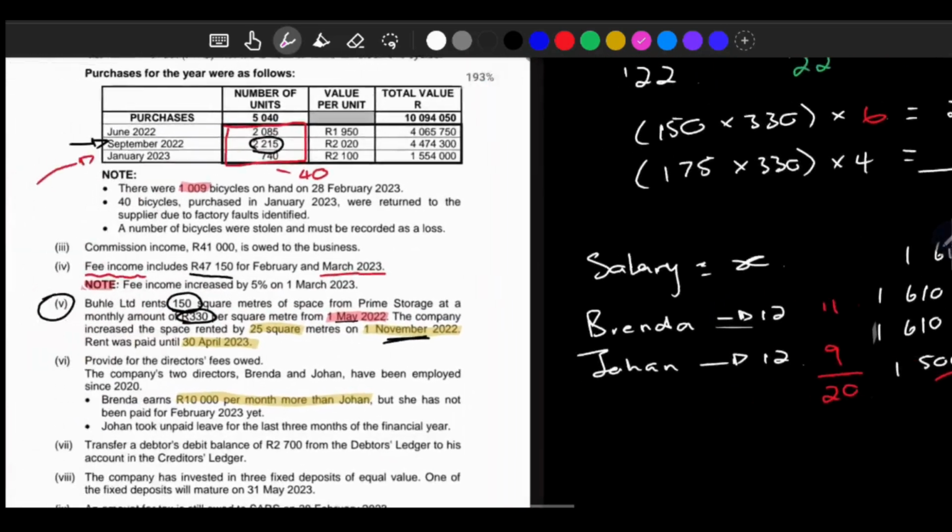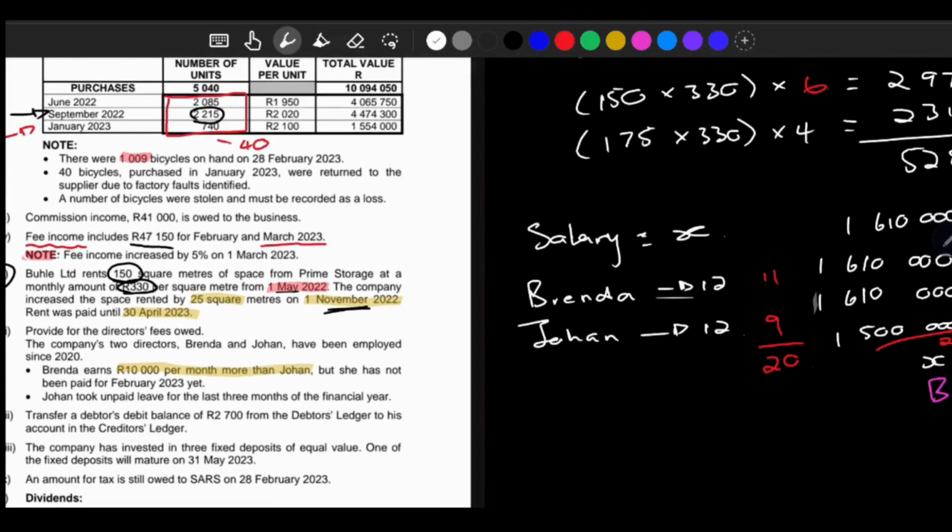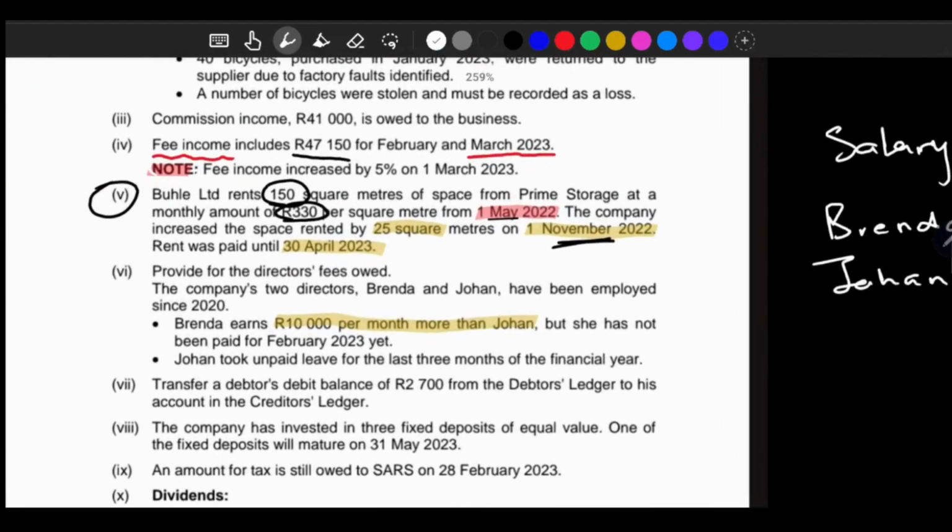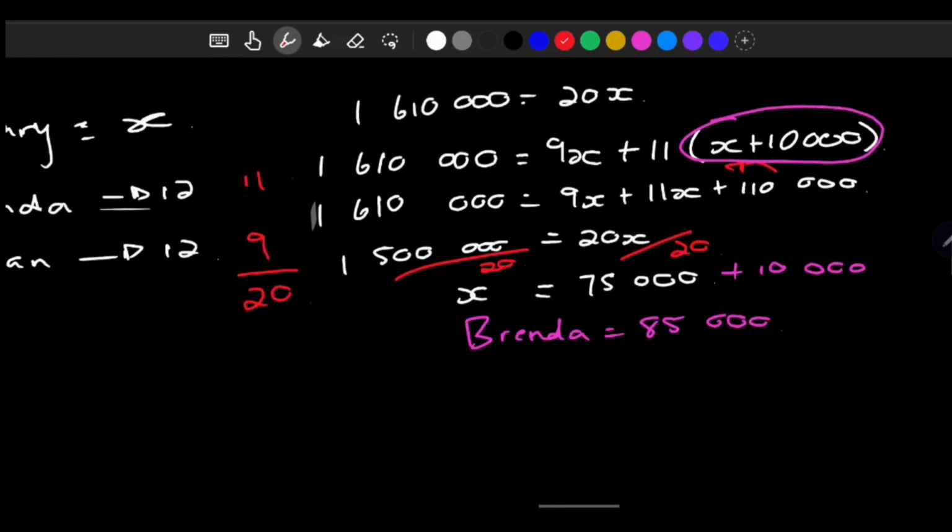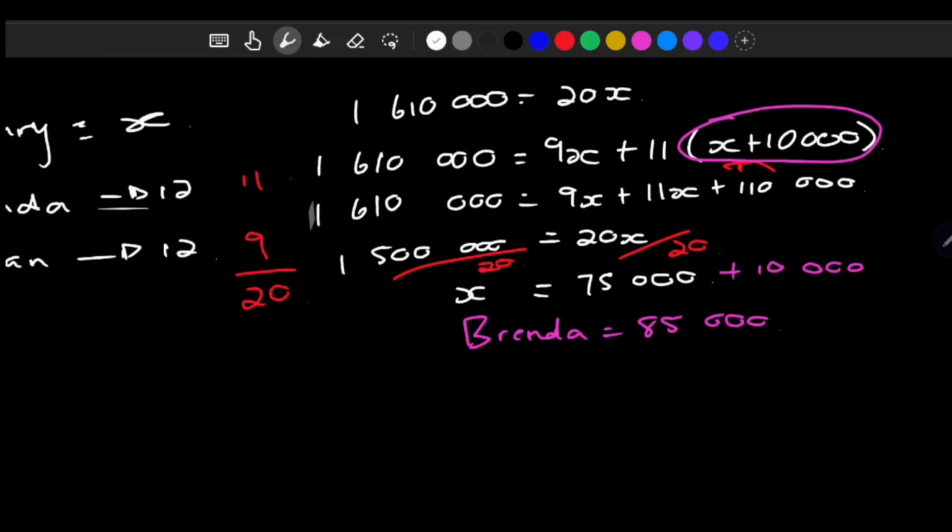right? Then we go back and I ask again, what is your outcome? What are you trying to achieve from here? They told us that Brenda has not been paid for February 2023. So what we're going to do is say this 1,610,000, we're going to add that 1 month salary for Brenda.